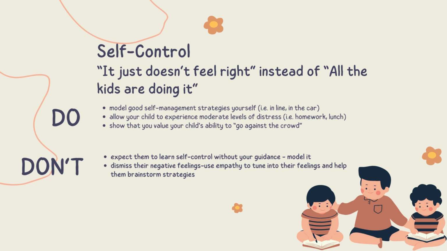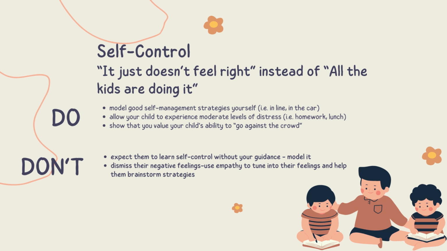If your kid is standing up for themselves and going against the crowd, and not falling into that trap of, well, I have to get a social media account or I have to do this because everyone else is doing it, we want to praise them for that, and show that we see that they are making that choice. It might not be easy for them to go against the crowd, but they're standing on their own and making that decision.